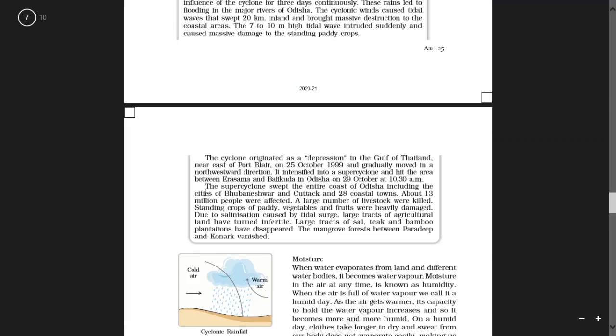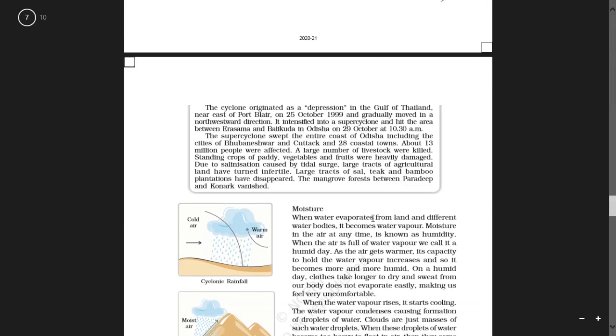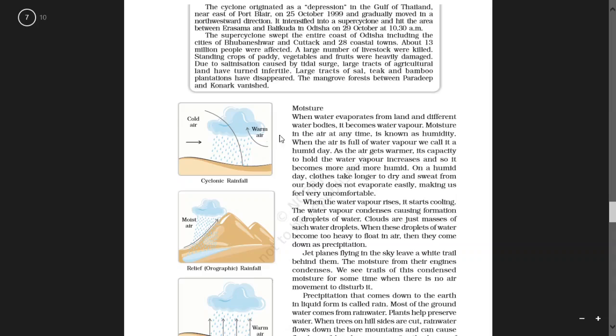Moisture. When water evaporates from land and different water bodies, it becomes water vapor. Moisture in the air at any time is known as humidity.